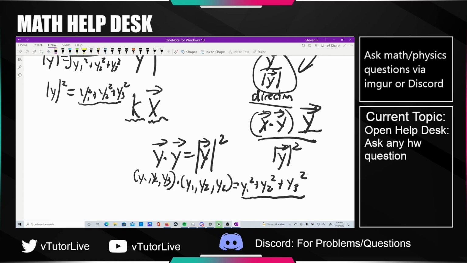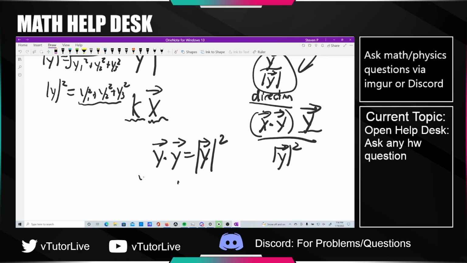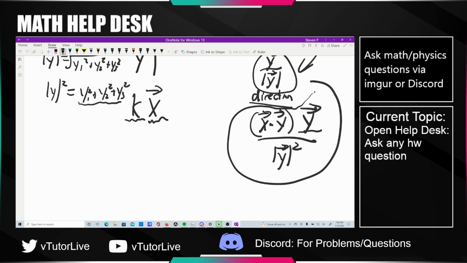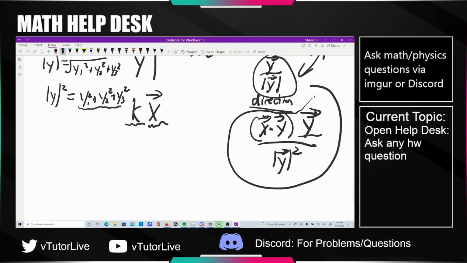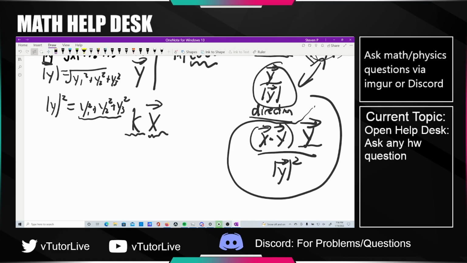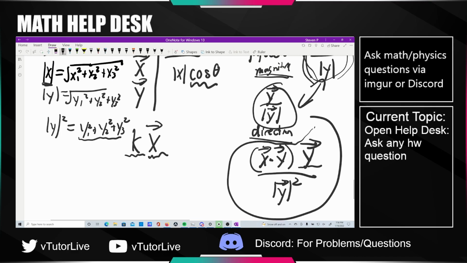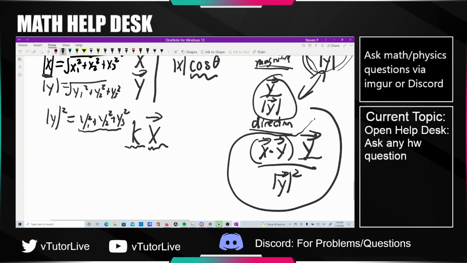But okay, so at this point we've justified why the projection vector is what it is. So when x gets dotted onto y, it's one of those things where I'm hoping that you could follow every step of the way, but you might still find this final product kind of intimidating when you see it all meshed together. Which is why it's really important that I divide this up into pieces and chunk it.